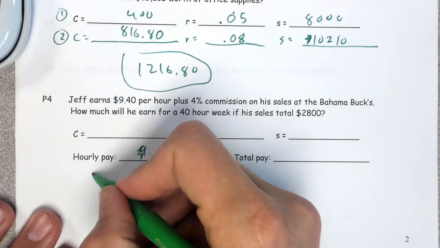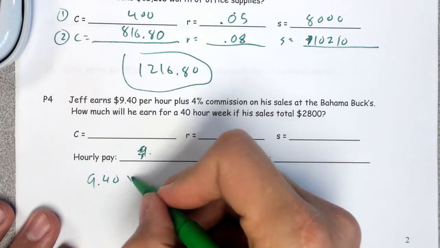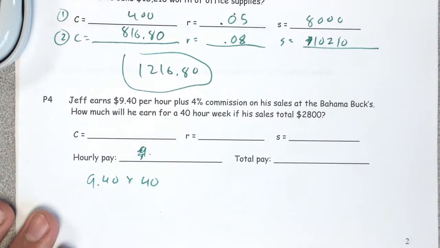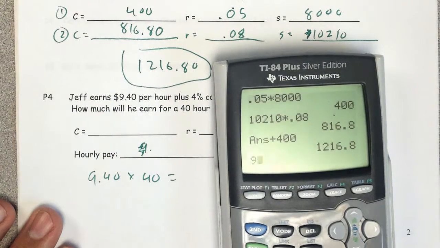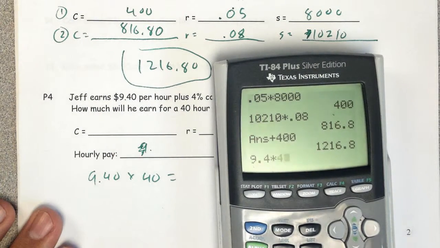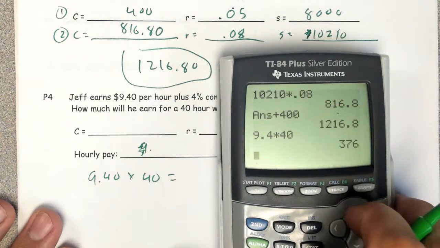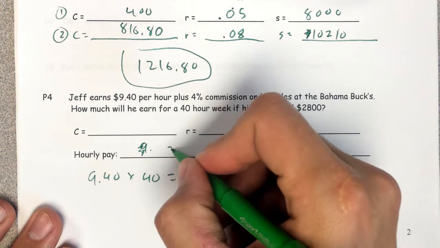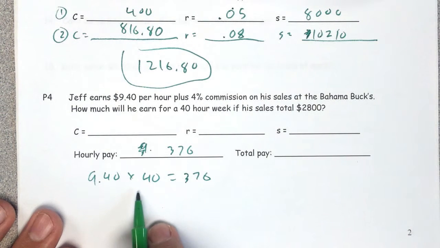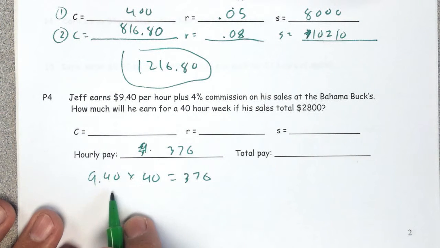So that's one. We know how to calculate that. 9.40 times my 40 hours. Plug that in the calculator. 9.4 times 40. $376. So he makes $376 just from his hourly pay.